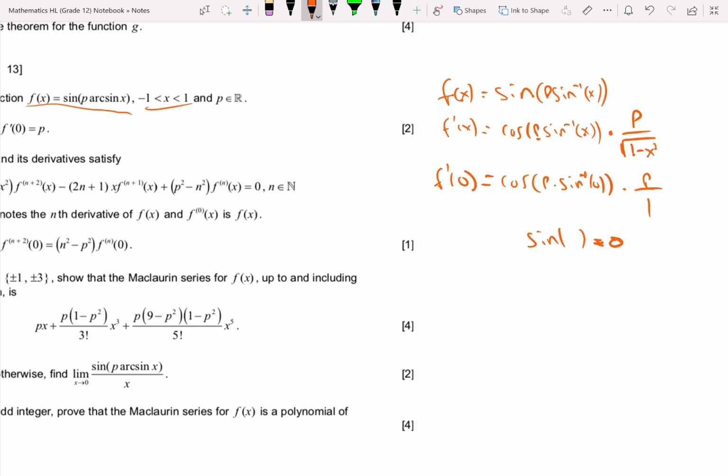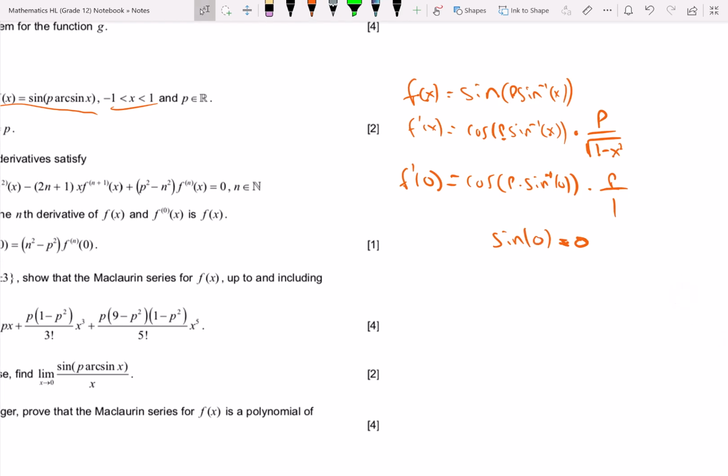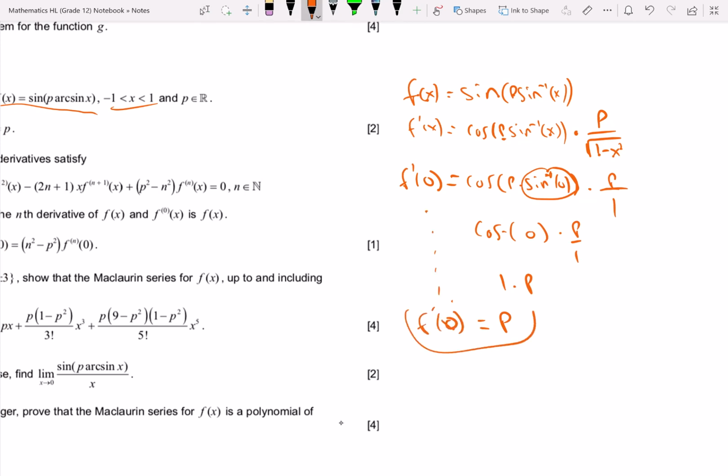Well, that's sine of 0. Sine of 0 gives me 0, which means this piece is 0. 0 times p is also 0, so now I have cosine of 0 times p over 1. Cosine of 0 is 1, so I have 1 times p, which is just p, right? So f prime of 0 is just p.